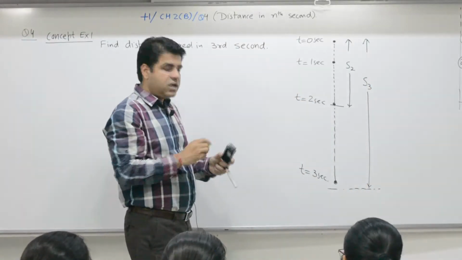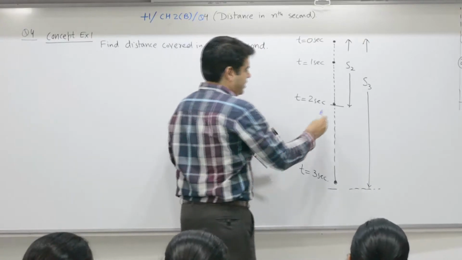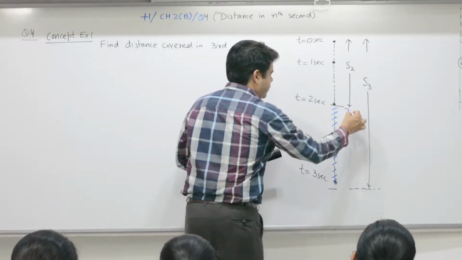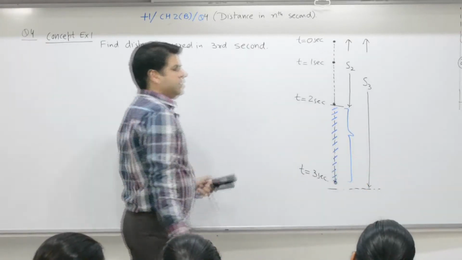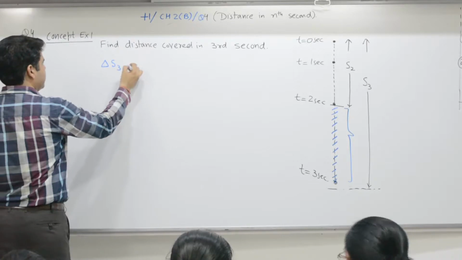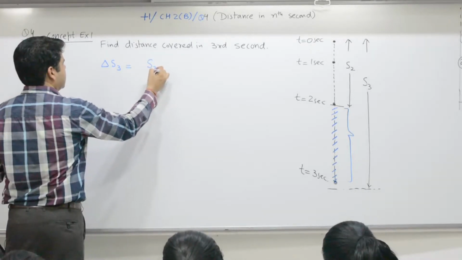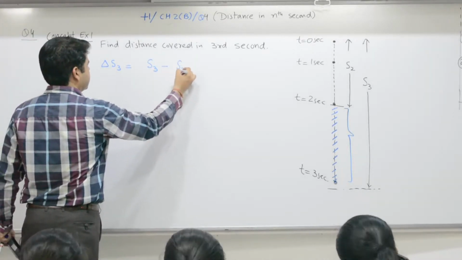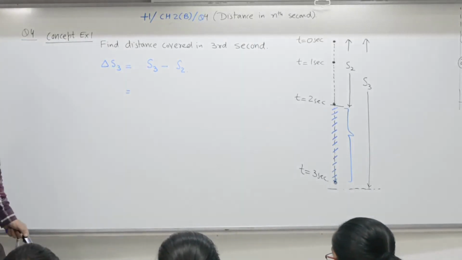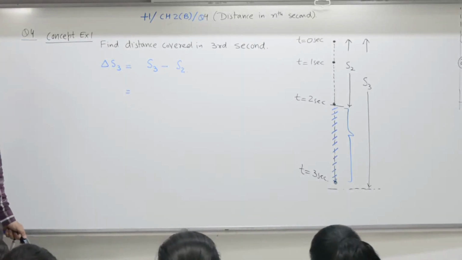Distance covered in the third second is this blue colour part. It will be equal to distance covered in 3 seconds minus distance covered in 2 seconds. Now we apply S equals ut plus half at square.